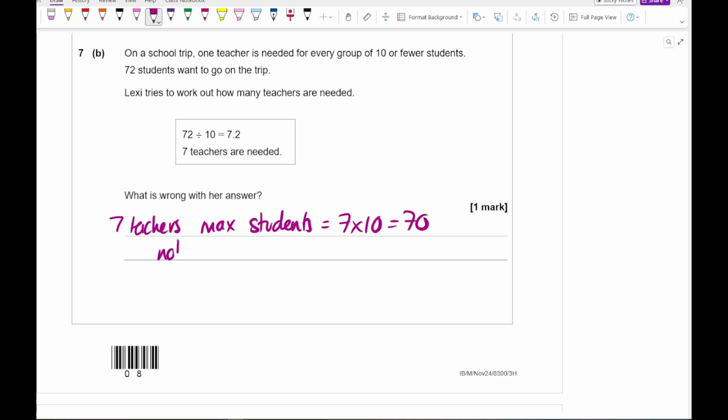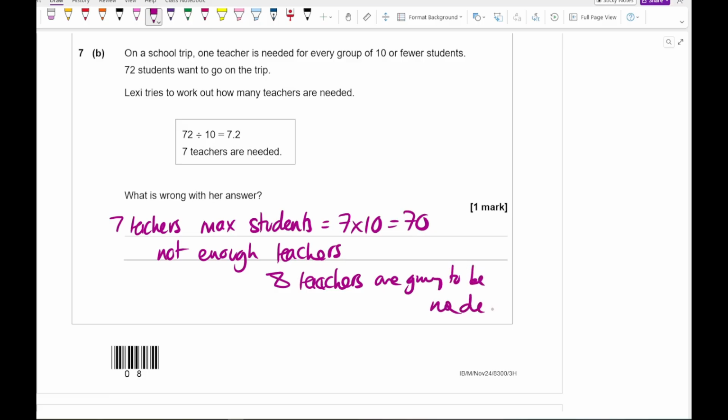So there are not enough teachers. And you could also say something along the lines of that 8 teachers, if I can spell it, are going to be needed. So something along those lines would be absolutely fine as your answer.